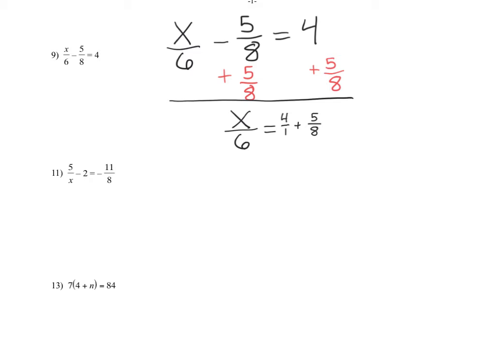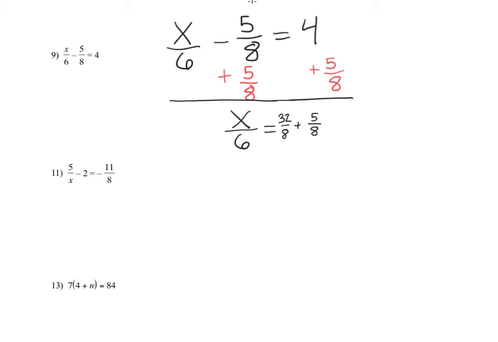Next, since the denominator for the 5/8 is 8, I want to multiply the numerator and denominator of the 4 over 1 so that my new denominator is an 8. What do I need to multiply 1 by to make it 8? 8. When I do that, I get 32 over 8.